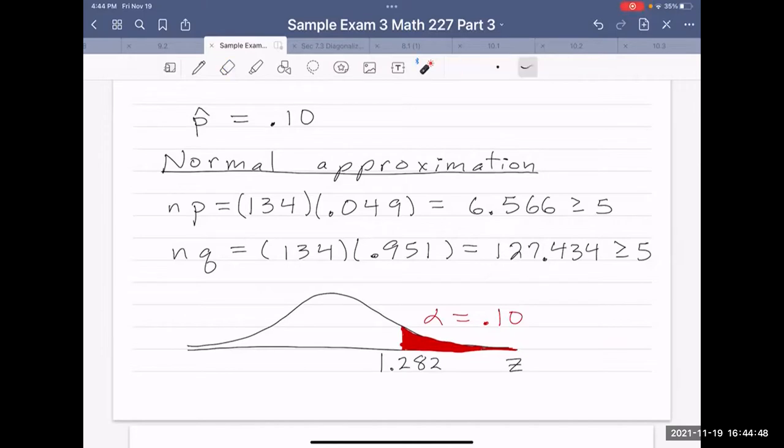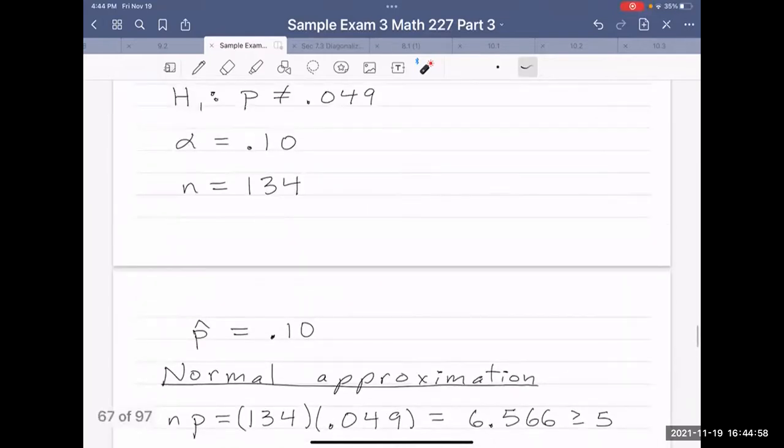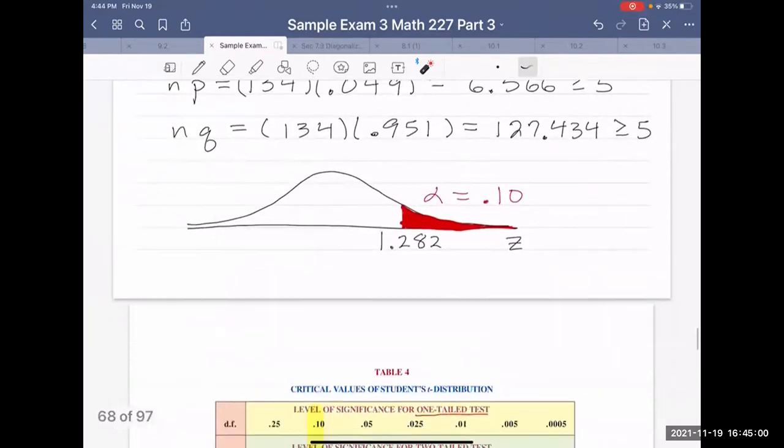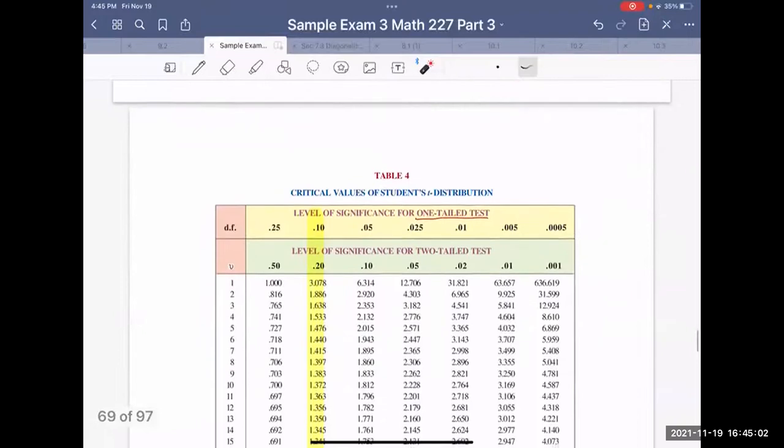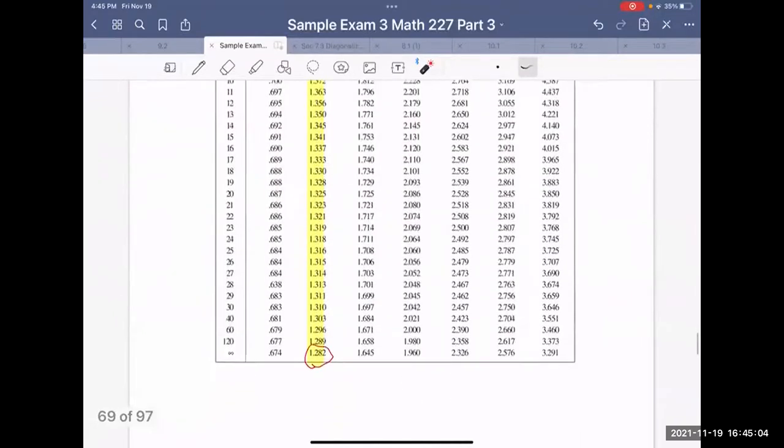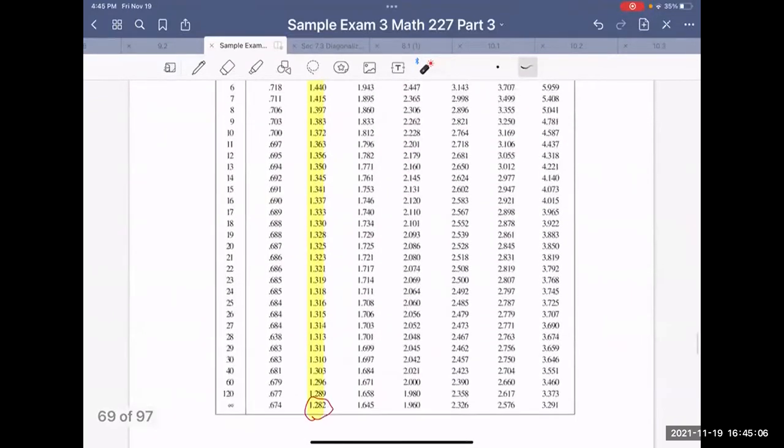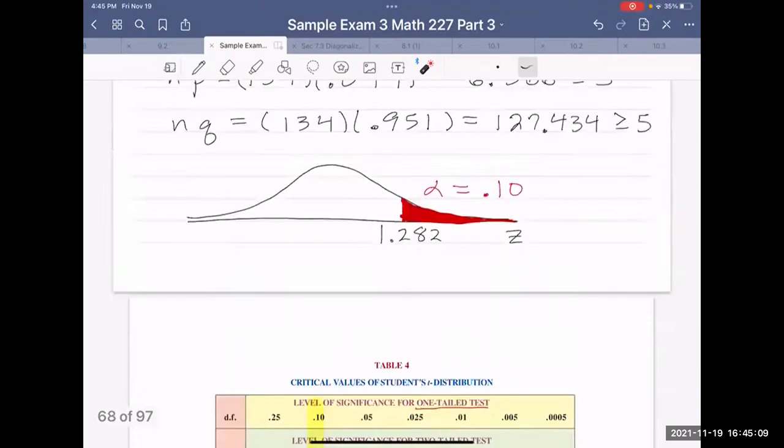So 127.434. Well, that's certainly greater than 5. So I can use the normal approximation. So let's look at z, and z for 10%. So 10% one-tailed, z value is 1.282. So this is my rejection region.